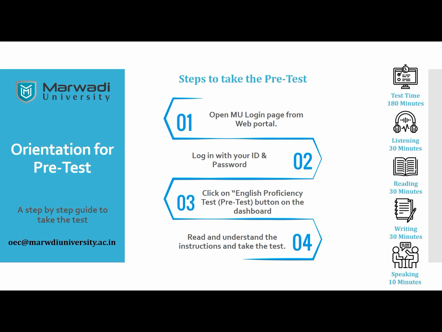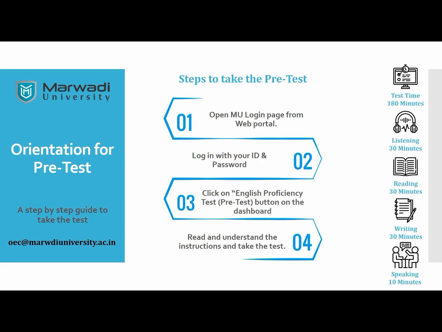I advise you to read and understand all the instructions, and you will find one checkbox there. You need to tick that you have read all instructions. Only after you click on that will you be allowed to access the modules.